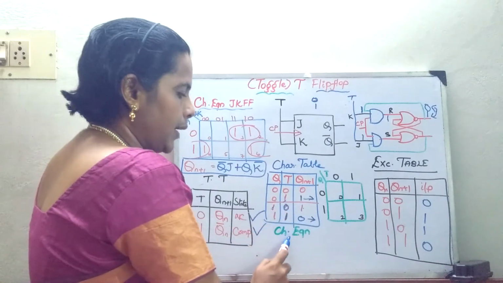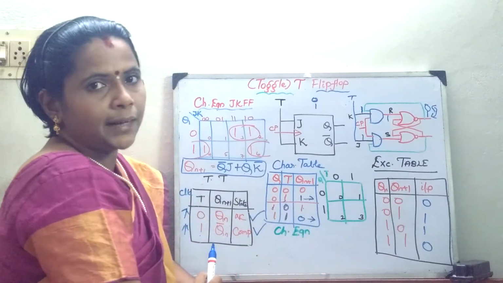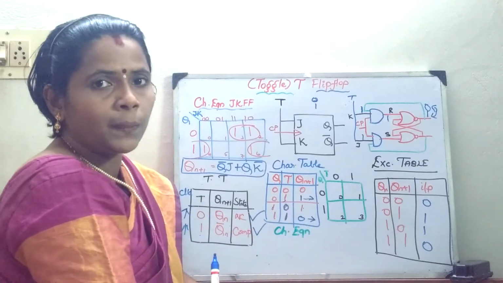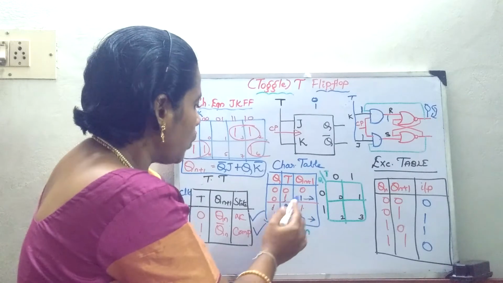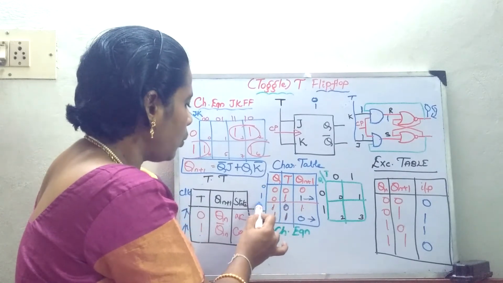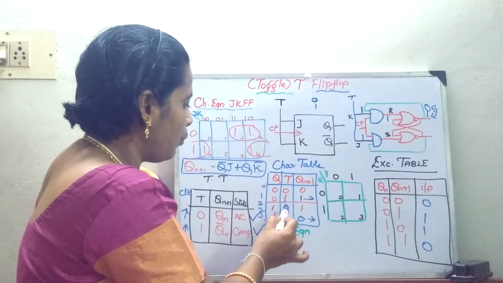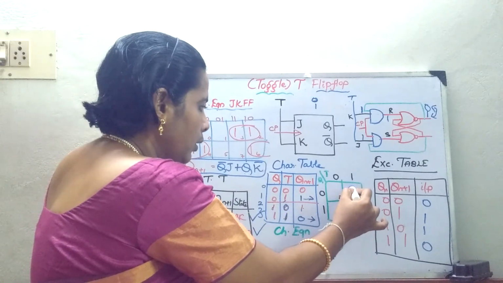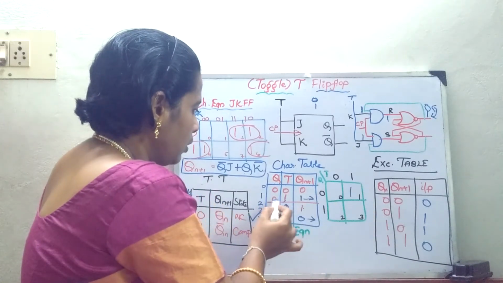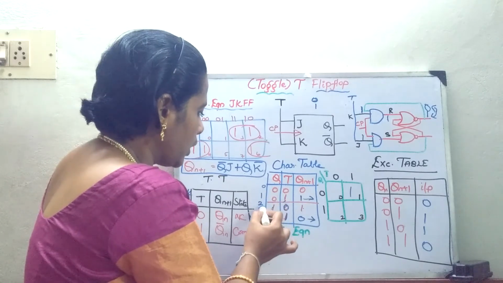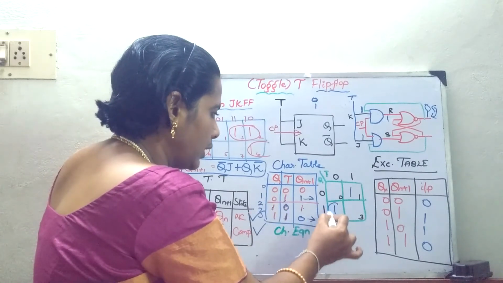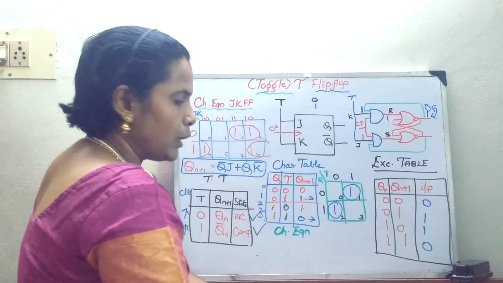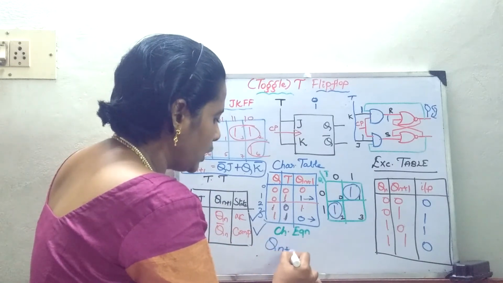Based on this characteristic table, we will write the characteristic equation by plotting it on the K map, right? So, what is the value? 0, 1, 2, 3. Sorry, in place of 1 and 2, you are having the output. So it is a single cell grouping. What will be the Qn plus 1 equation?